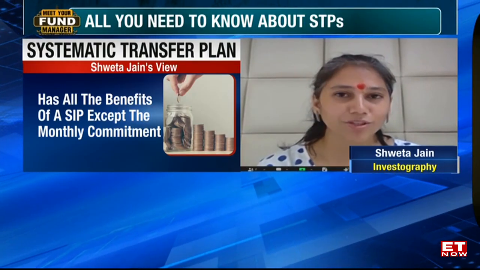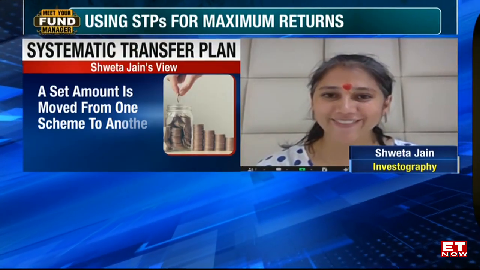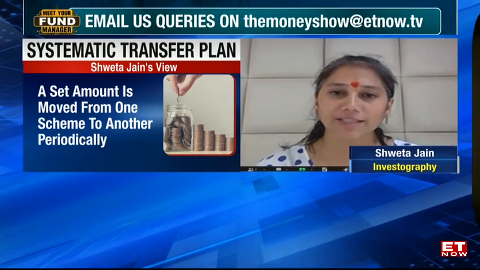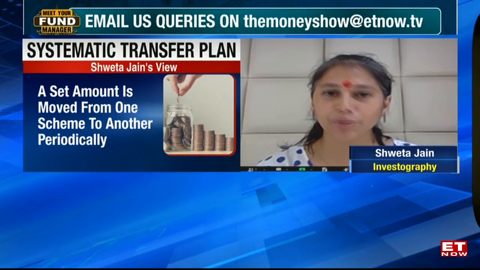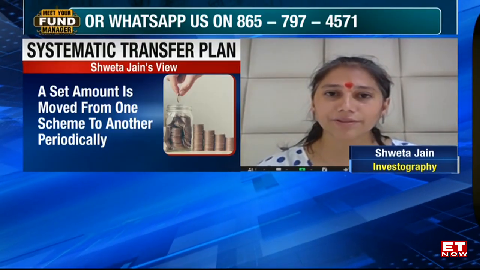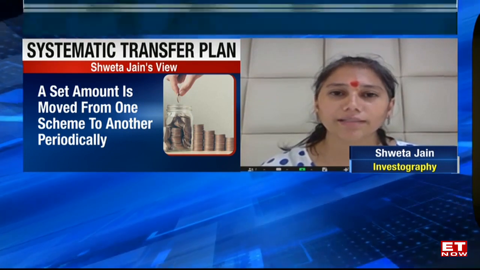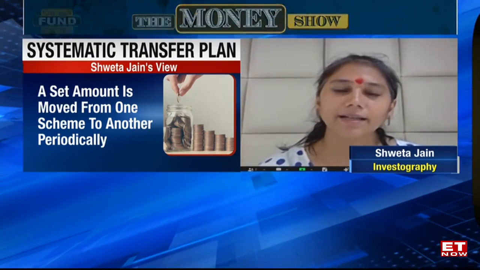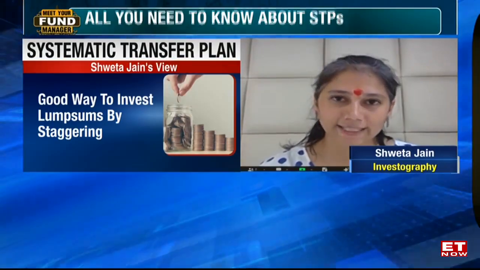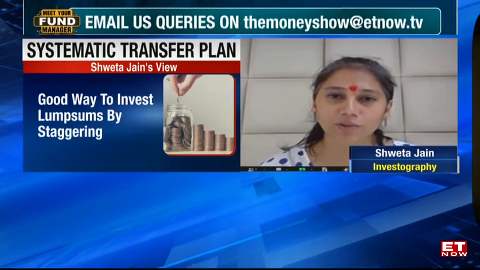So for somebody who's received bonuses, for somebody who's won a lottery, whatever it may be, a systematic transfer plan works best when you're staggering that investment. So it could be staggering over 3 months, 6 months, 12 months, depending on your time horizon. Ideally, I would say if somebody has a lump sum and is looking to start something new, 6 to 9 months is a good time to stagger your investments.